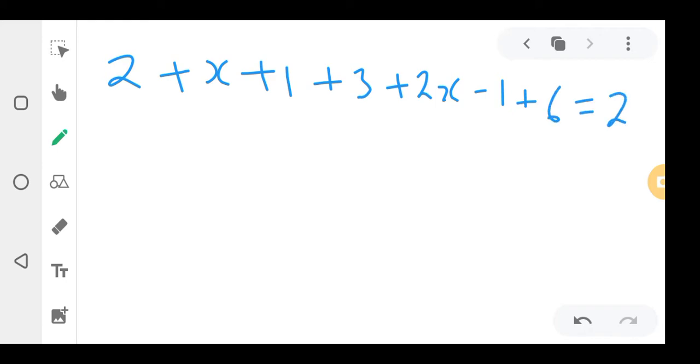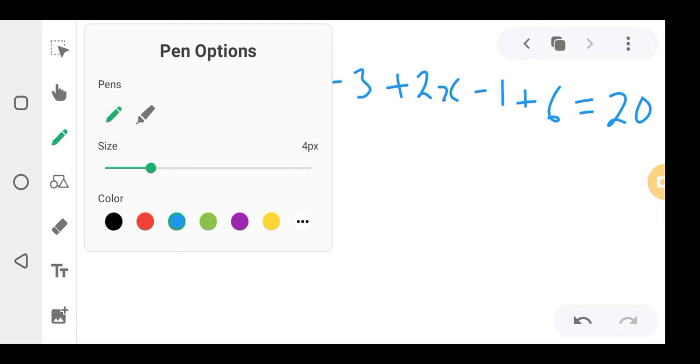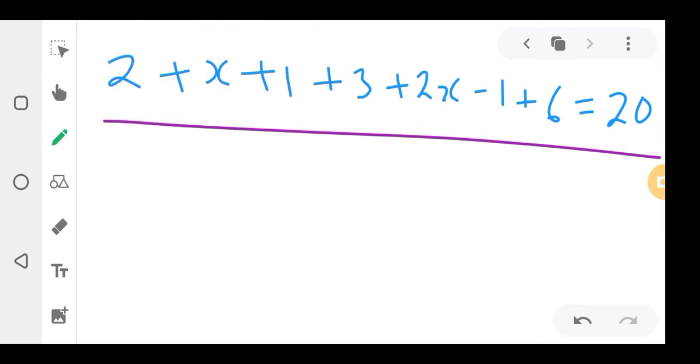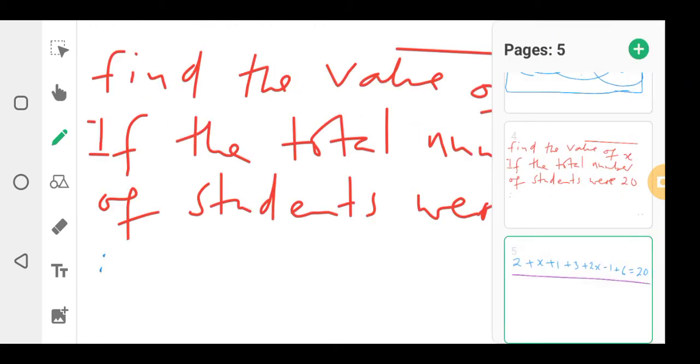Must be equal to 20. You see, that's how you find the value of x. They gave you the total and want you to find the value of x, so you add all of them in the set and equate to 20.